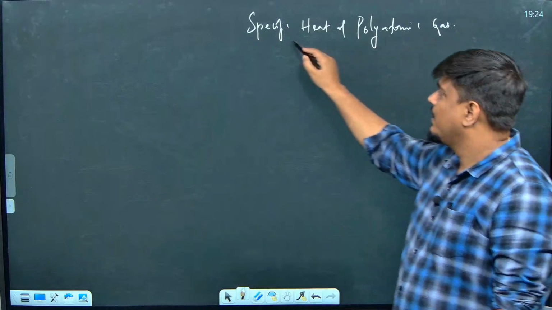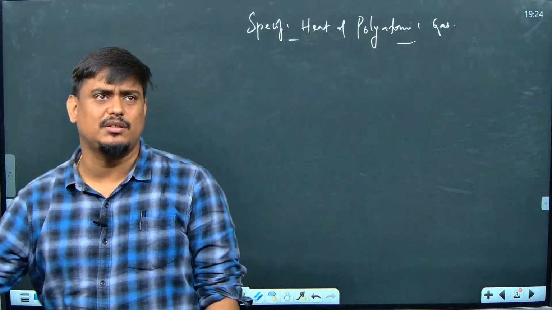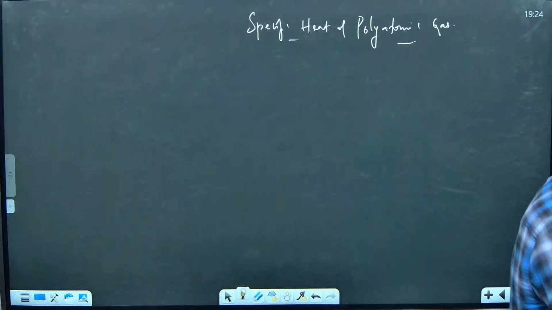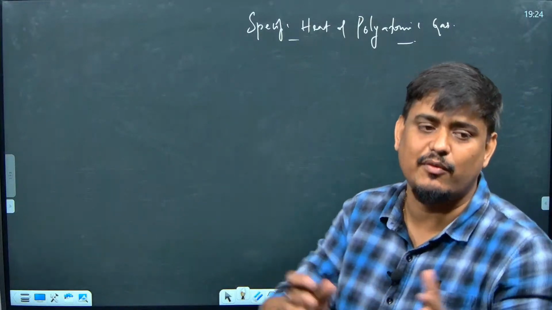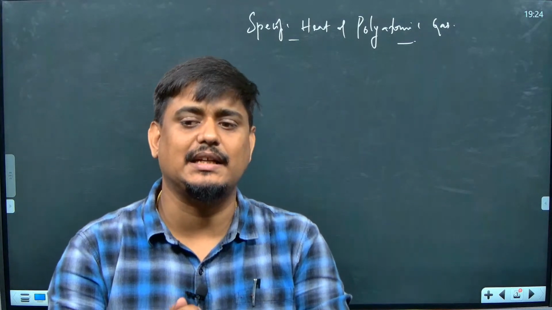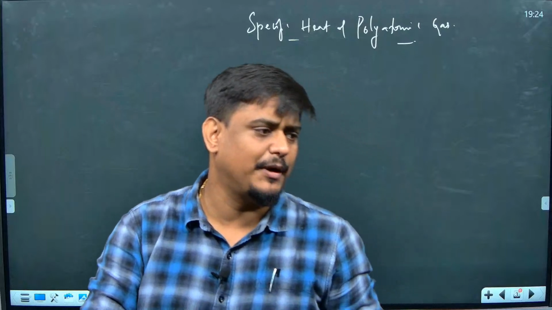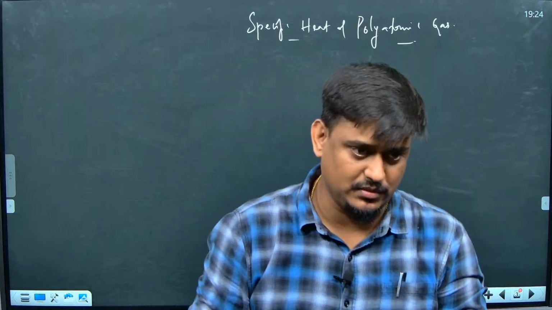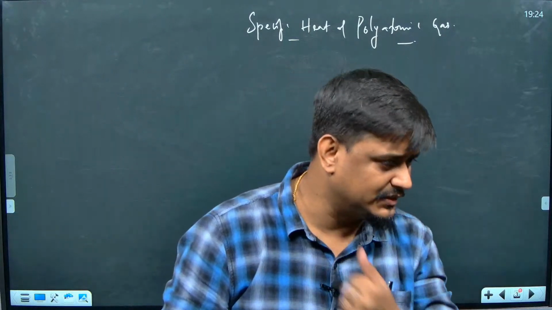Okay. Before I start talking about the value of specific heat for polyatomic gas, you must know how these gases are vibrating or oscillating. So, you know very well that in translatory direction, a particular molecule can have 3 degrees of freedom, maximum I am saying, x, y, z.